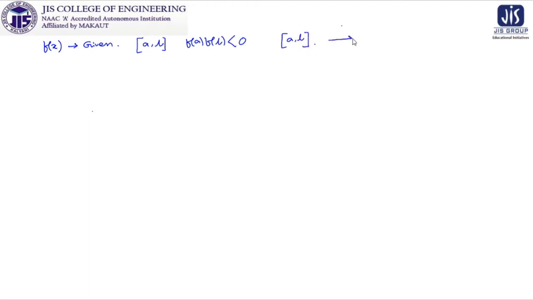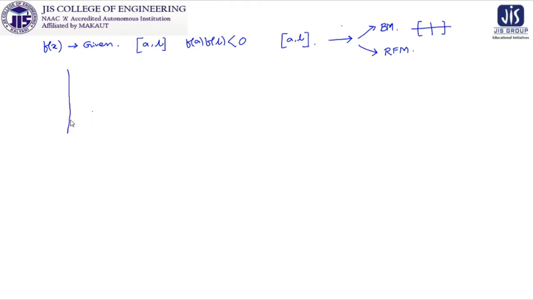After that we went for the bisection method in the previous discussion, bisecting this closed interval. But now we are moving to another way, the regula falsi method, and what is the geometry behind it.